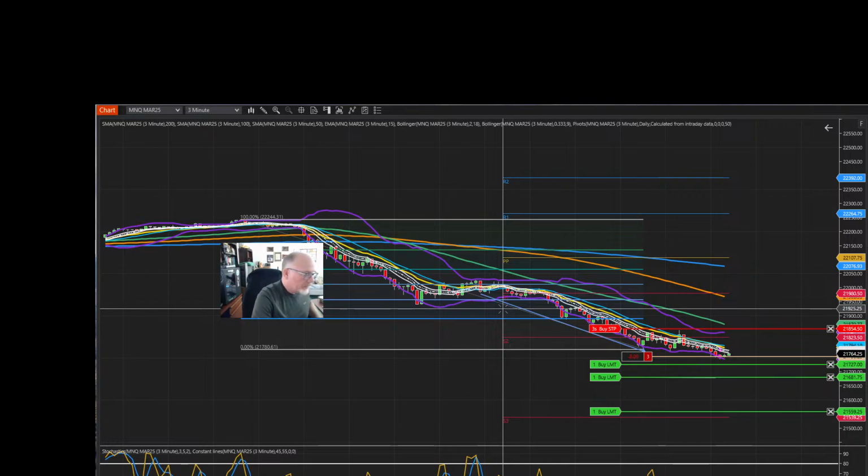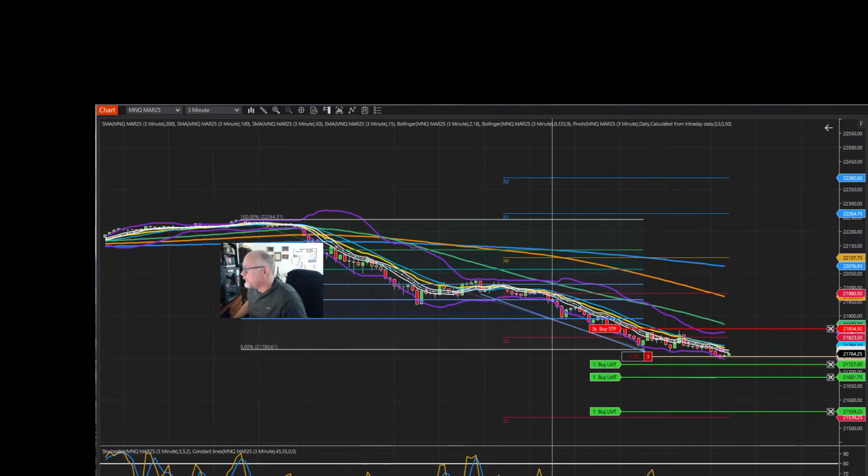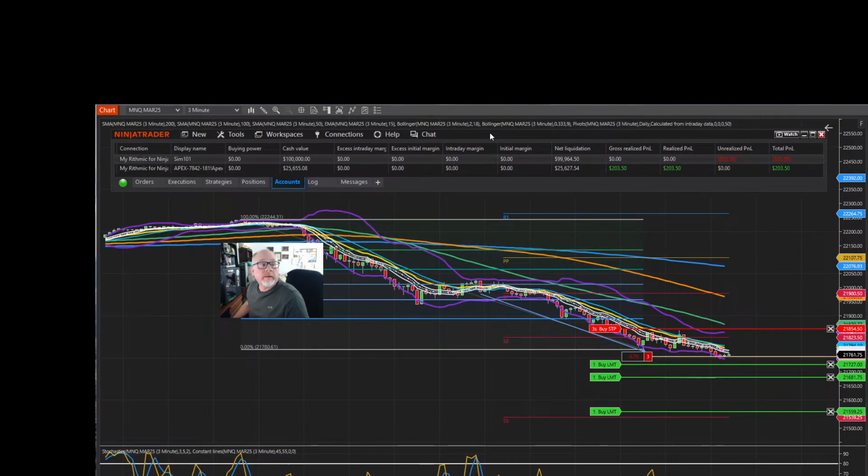And I got to do some work on the side here that I need to get done. And I will pull my chat up and we'll just see how this trade pans out. This is a sim trade, by the way, if you're coming in. So we'll put this on the window here.